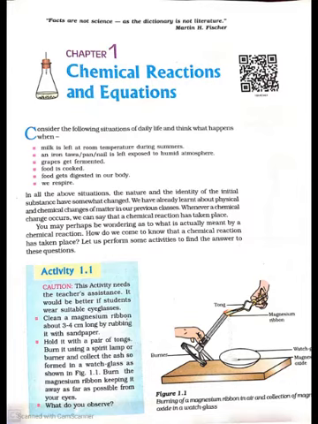Page number 7. A solution of slaked lime produced by the reaction 1.13 is used for whitewashing walls. Calcium hydroxide reacts slowly with the carbon dioxide in air to form a thin layer of calcium carbonate on the walls.